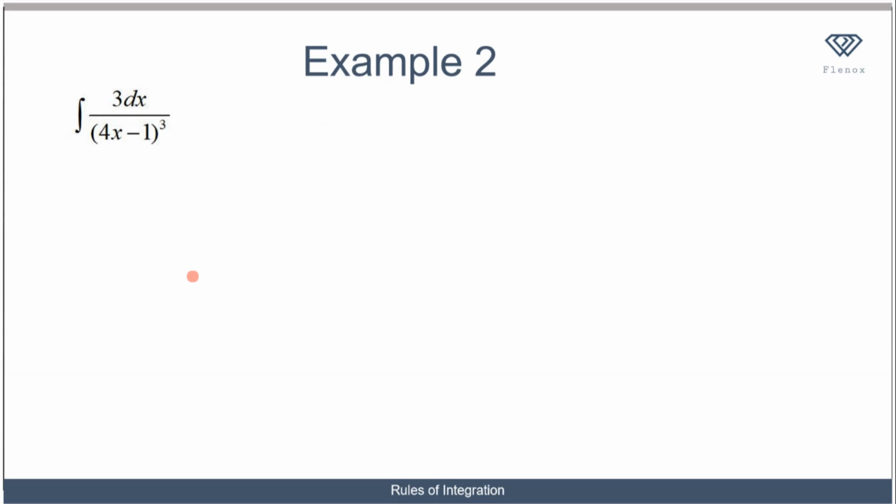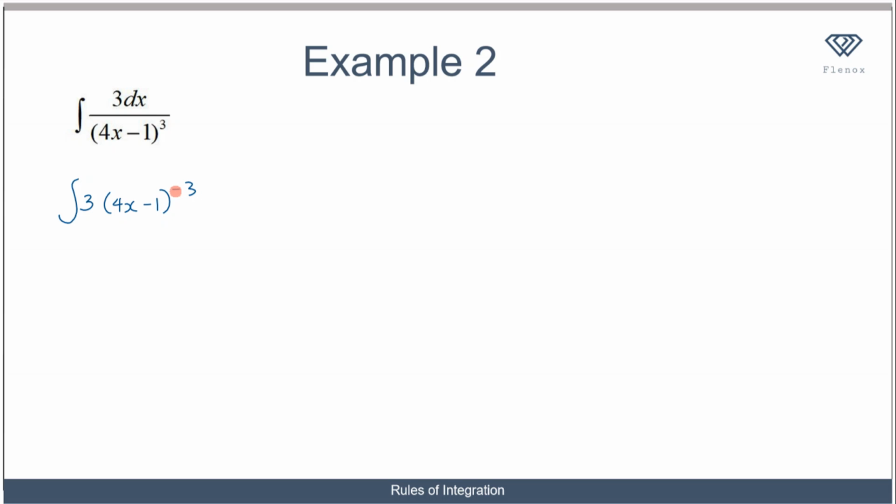In this example, we are told to evaluate the integral of 3 dx over 4x minus 1 to the power of 3. So what do we want to do? We want to first try to write this in a form that is recognizable. So based on our law of indices, I can also write this as the integral of 3 into bracket 4x minus 1 raised to the power of minus 3.